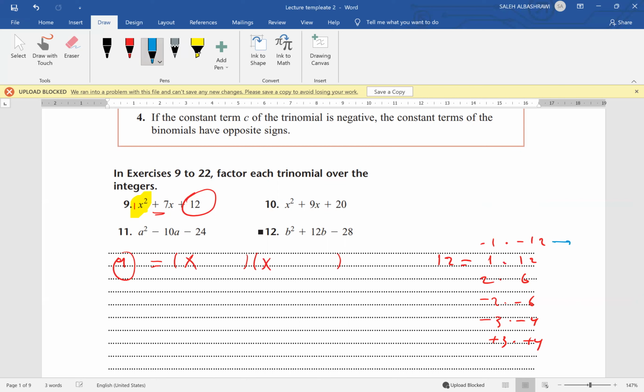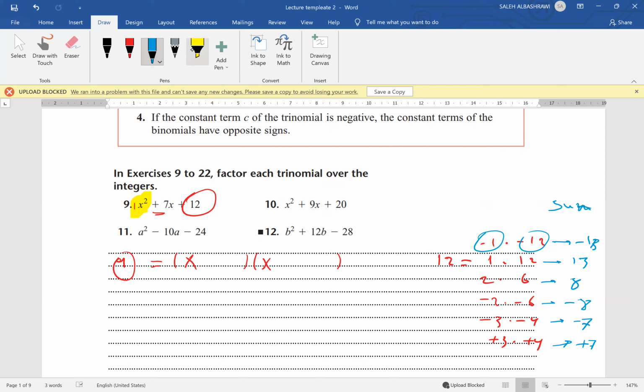Minus 12 minus 1 gives me minus 13. The second one gives me plus 13. The third one, 2 plus 6, gives me 8. Minus 2 minus 6 gives me minus 8. Minus 3 minus 4 equals minus 7, and plus 3 plus 4 is equal to plus 7.